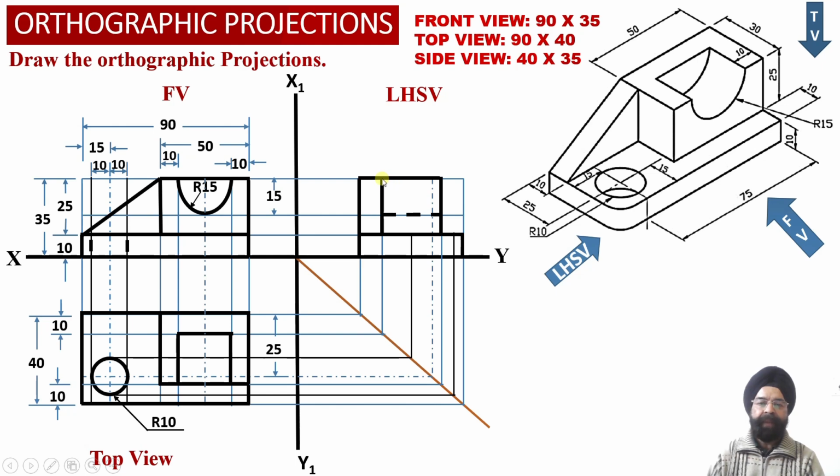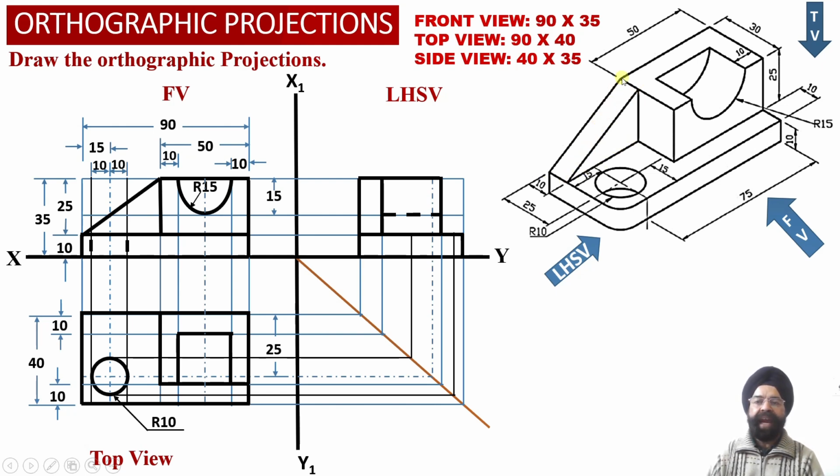So that is why the semicircular portion will not be depicted as a hidden line over here, because it has been superseded by this edge of the inclined surface of this particular triangular vertical web, which is lying towards the rear side of the solid.